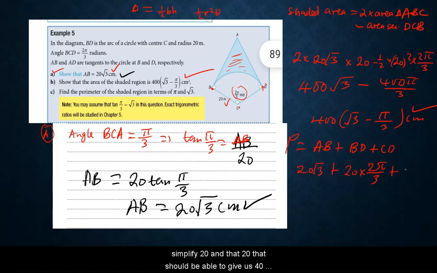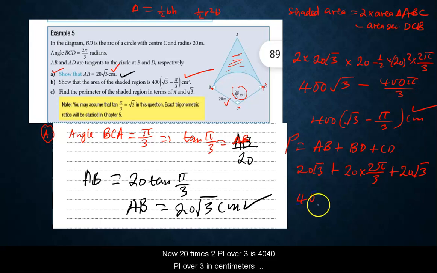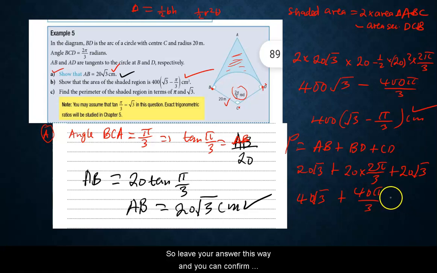When you add the 20 root 3 terms, that gives us 40 root 3, plus now 20 times 2 pi over 3 is 40 pi over 3 centimeters. We need to leave our answers in exact form, so leave your answer this way.